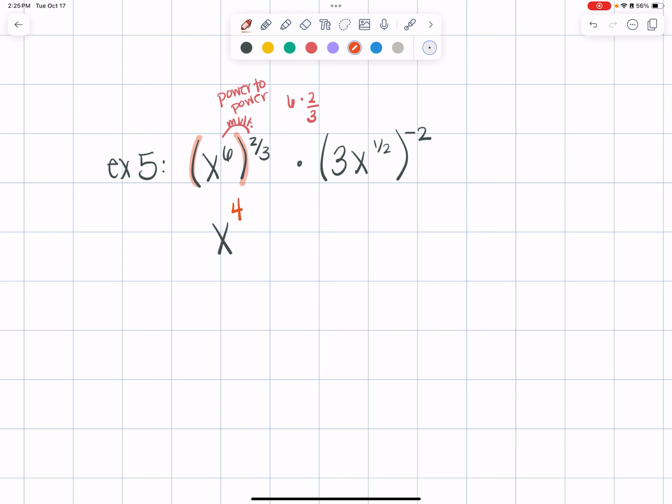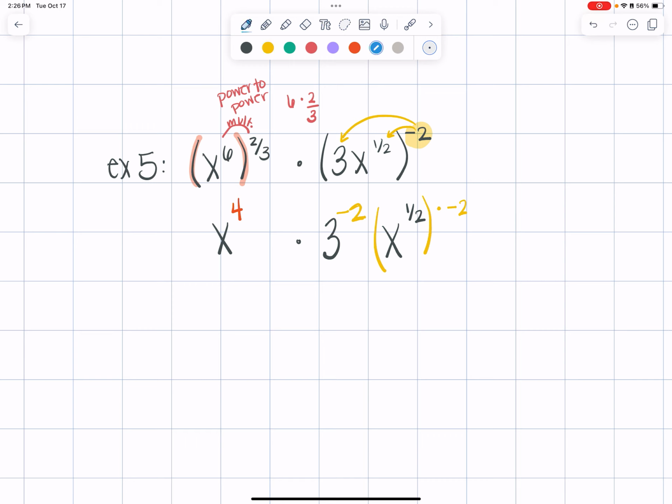4th. Now the second one is a little bit different because it's not just a power rule. I've got two things being multiplied inside. So I've got to, get your highlighter out, I've got to give each of these their own -2. So I first have 3 to the -2 times x to the 1/2 to the -2.